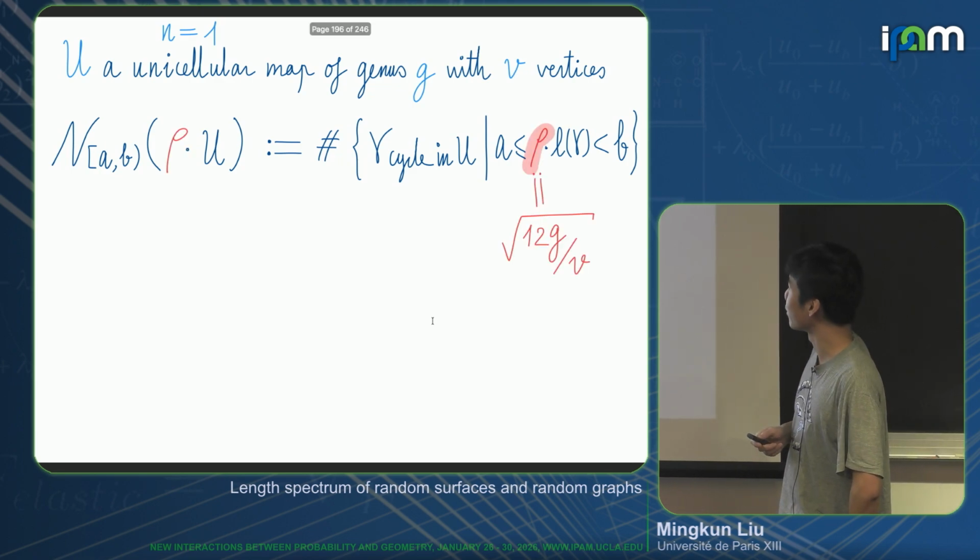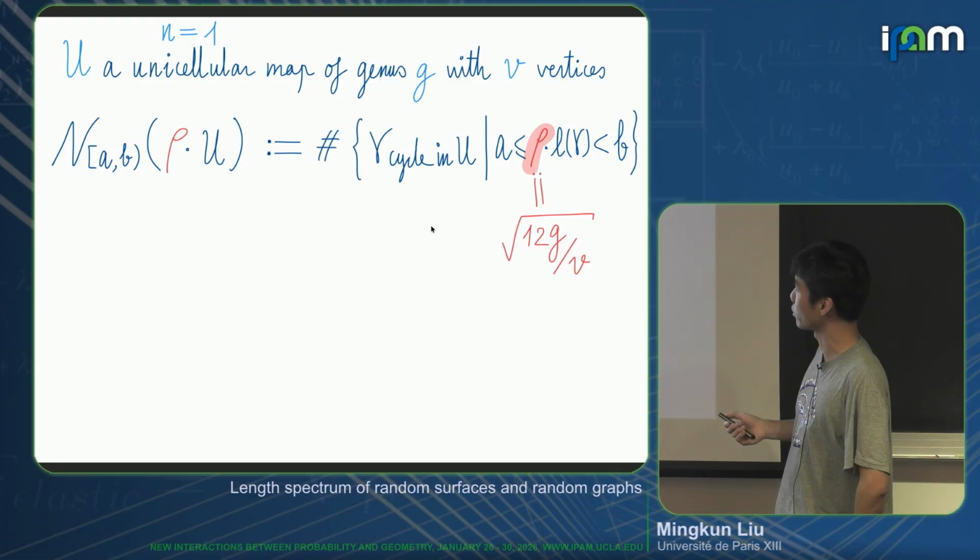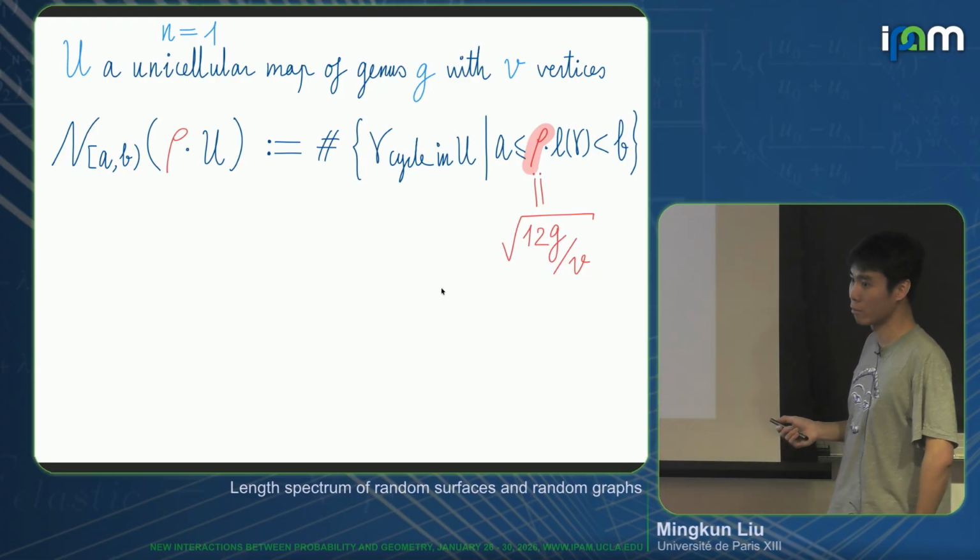But this time, you do a rescaling of the whole thing. You rescale the whole metric of your unicellular map by the global factor, which turns out to be the square root of 12g divided by v.